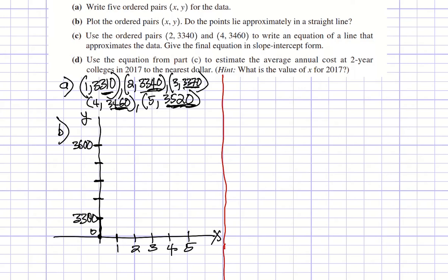If this is 3500, the space will be 100, right? So if each space is 100, this will be 34 like that, and this will be 35 like that. I don't know if that makes sense.